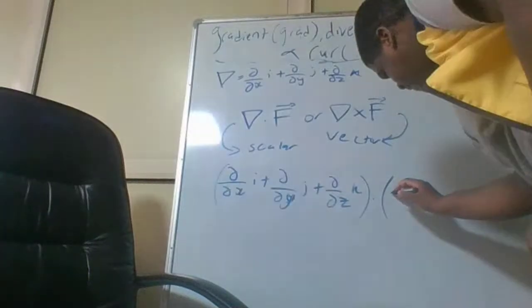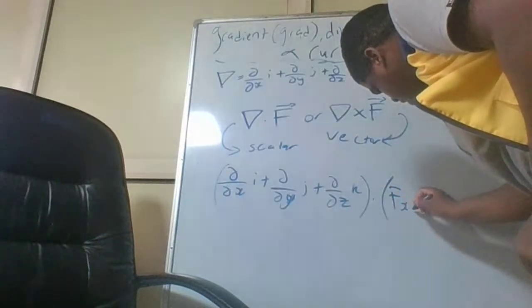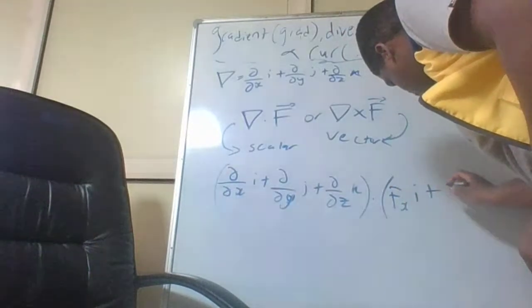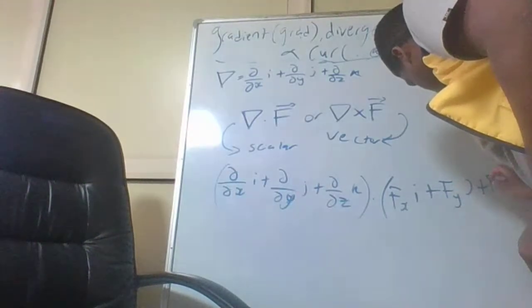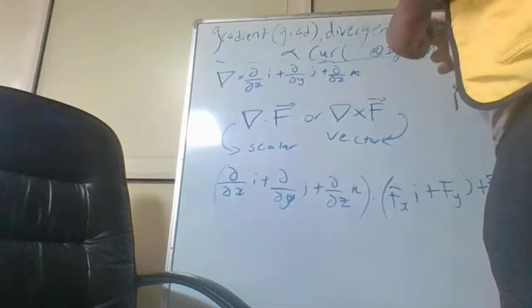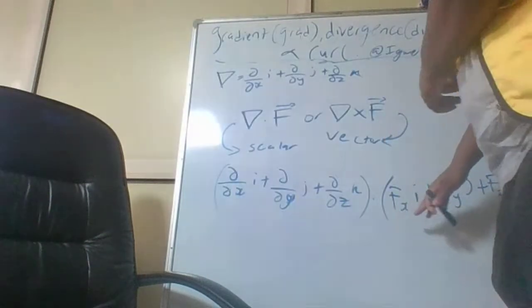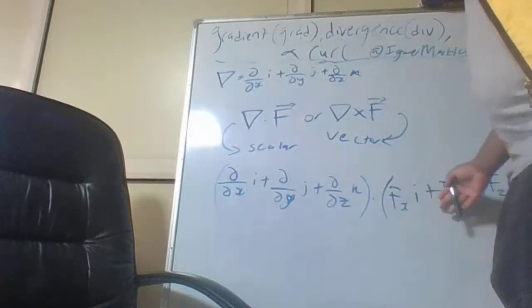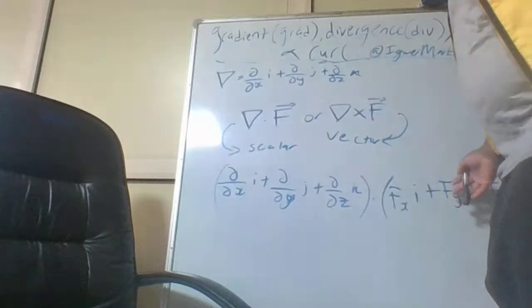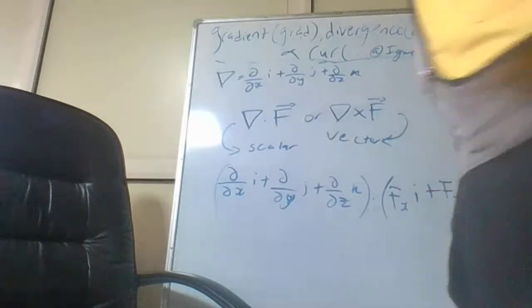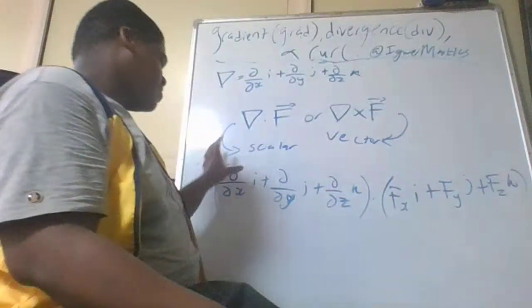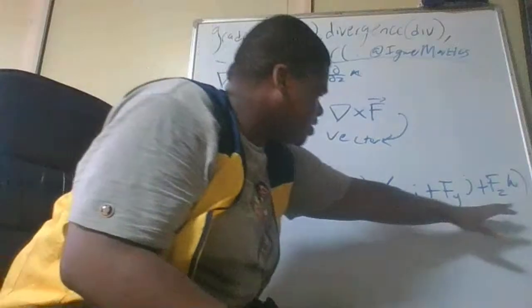Then you have f in the x direction i plus f in the y direction j plus f in the z direction k. That is the x component of vector f, the y component of vector f, and the z component of the vector. So we're finding the dot product of this with this.